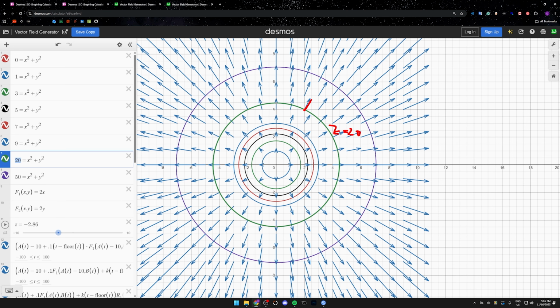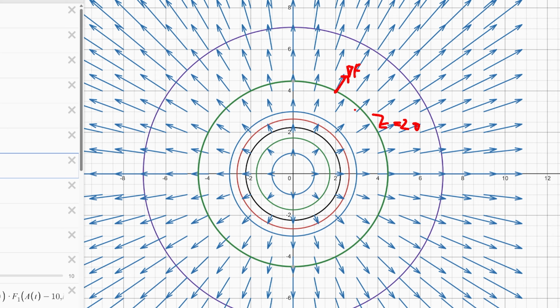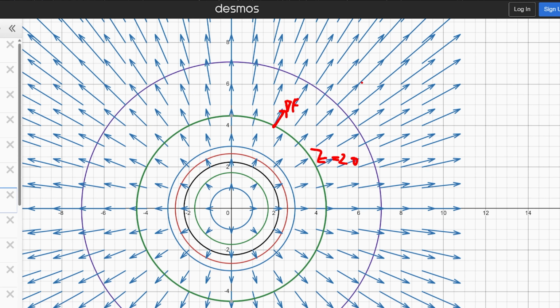Our gradient is pointing this way. And we are moving in direction 1, 2. So 1 here and 2 up.